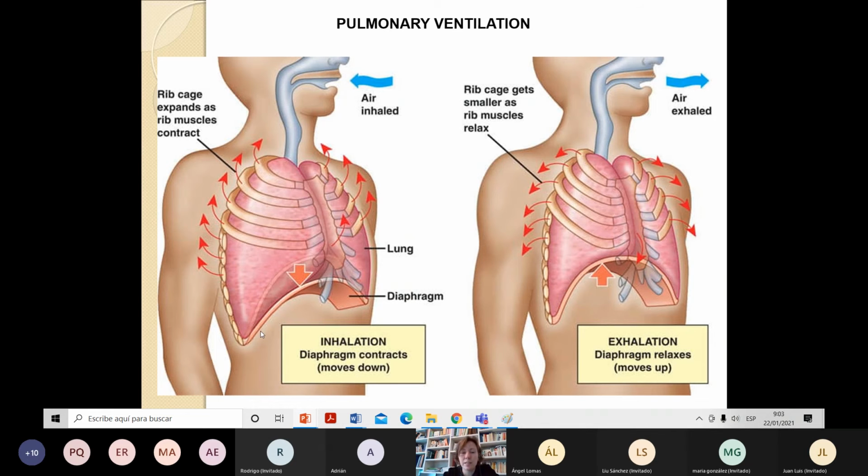How do we create this negative pressure? Two different muscles will act. One is this diaphragm that, as you can see here, was relaxed, and when it contracts, we've got this flattened structure. It's more flat, so we've got more surface for these lungs.